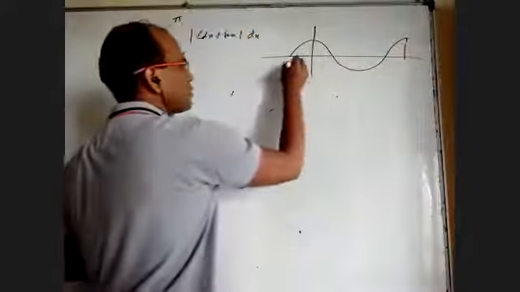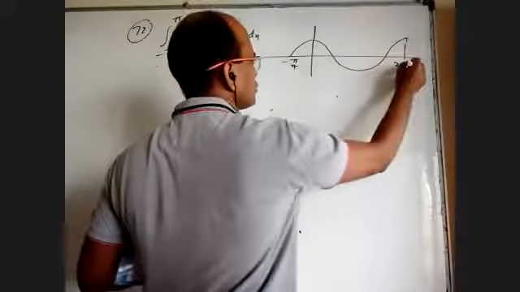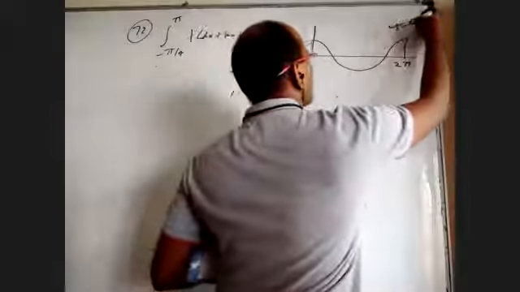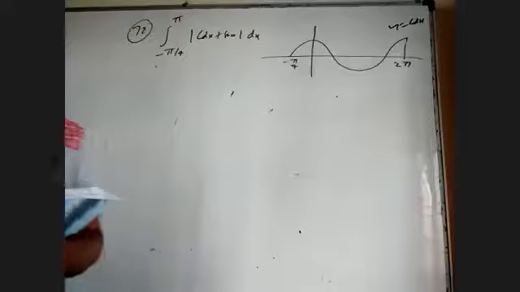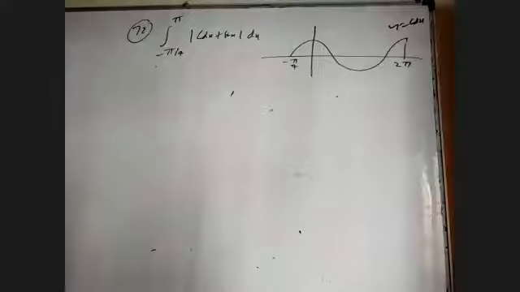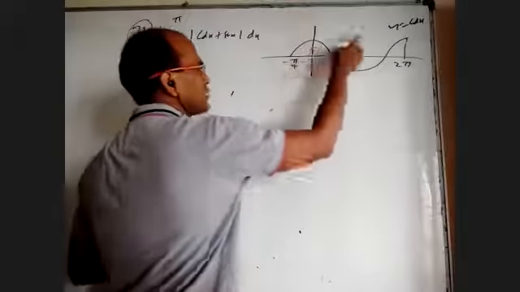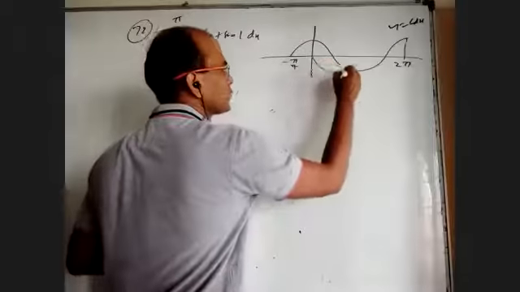Okay, this is a graph of cos x between minus pi by 4 to 2 pi. Let us see the graph of y equal to minus sin x. We know the sin x graph, so minus sin x will be like this.